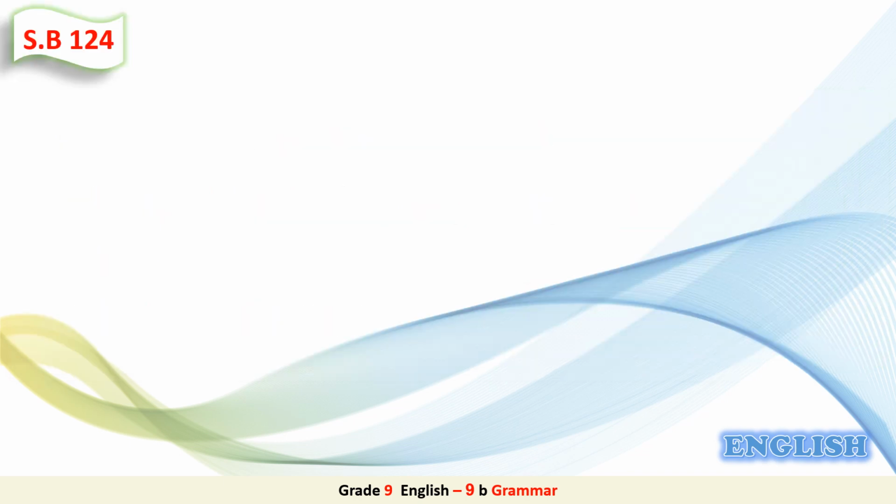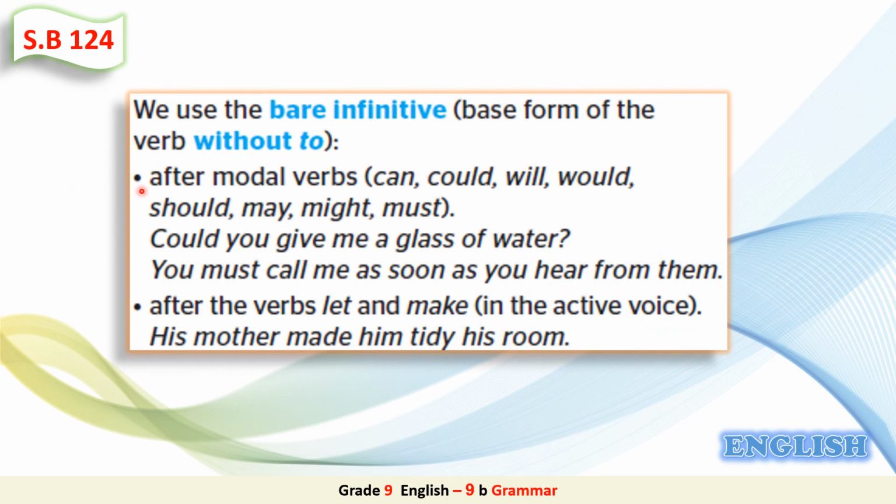Again, let's have more detailed information in Students' Book, page 124. We use the bare infinitive, base form of the verb without to, after modal verbs. For example, can, could, will, would, should, may, might, must. All of these are modal verbs. We always use bare infinitive after these modal verbs.